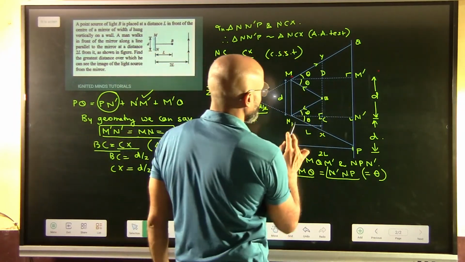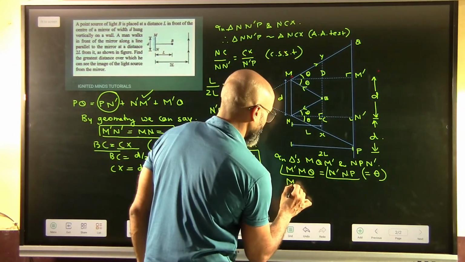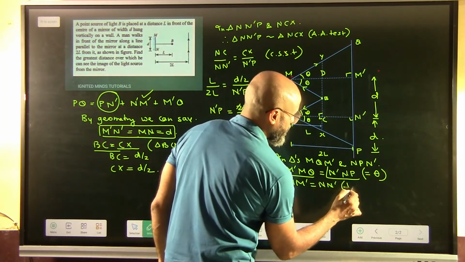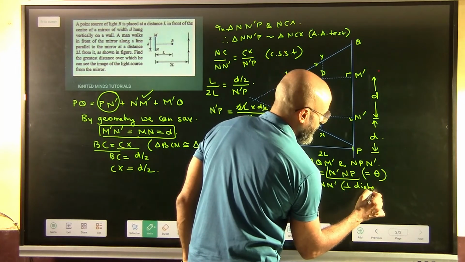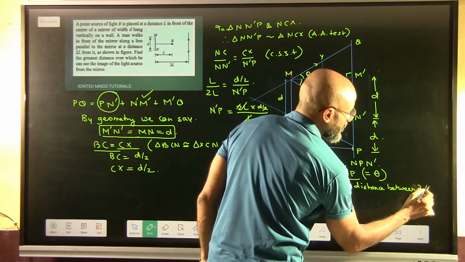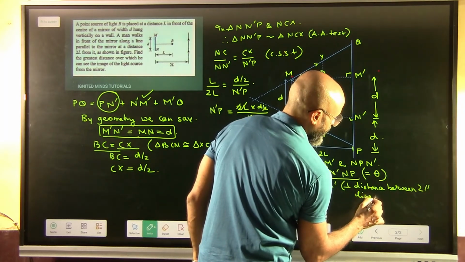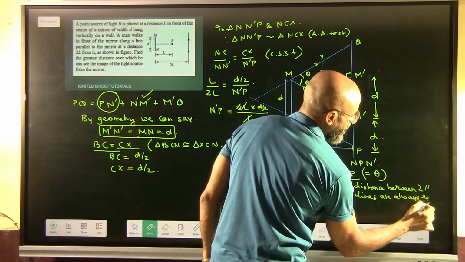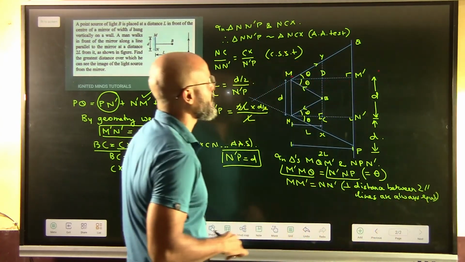Also MM dash will be equal to NN dash. Perpendicular distance between two parallel lines is always equal.